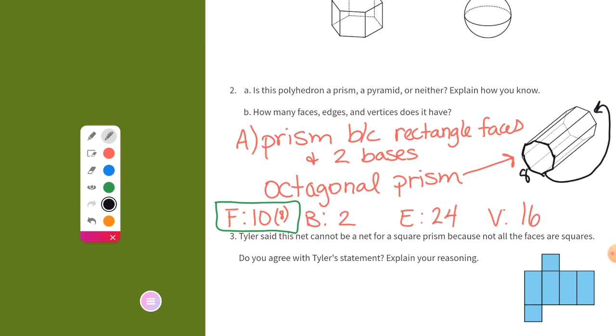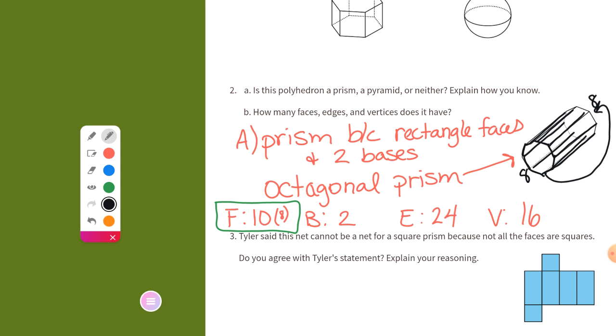So there's 8, 8. Where else are there edges? Like a rectangle. 1, 2, 3, 4, 5, 6, 7, 8. So 8 times 3 is 24.